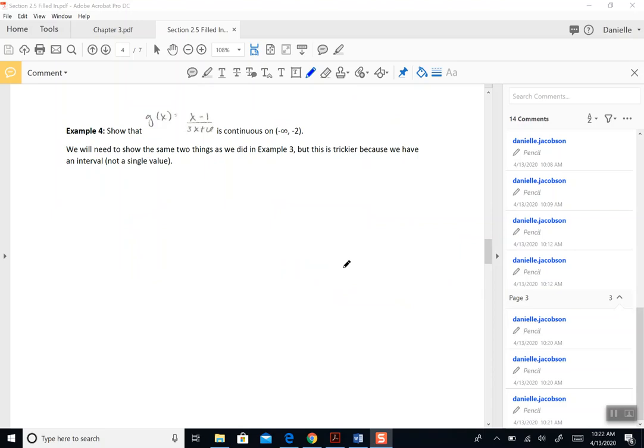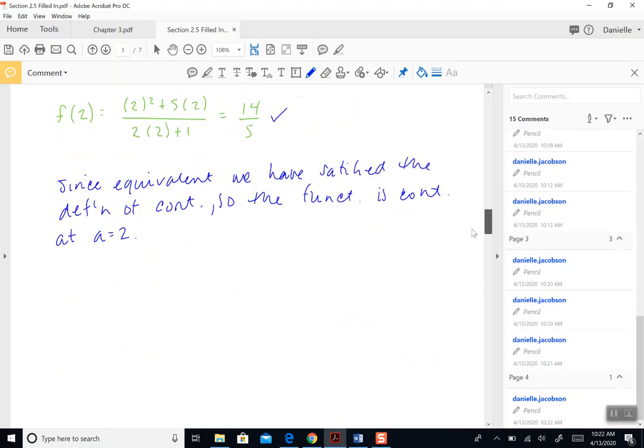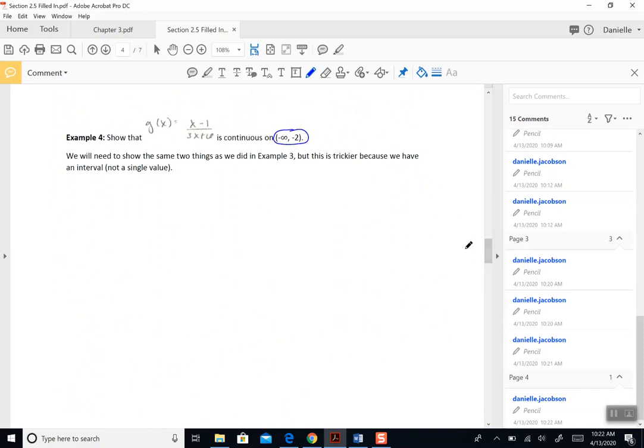The thing is, if you look, we have this whole interval. We don't just have a single value that we can plug in like we did in the previous example. So the question is, how do we handle it if we have an interval? What you do is you give this interval an arbitrary name.